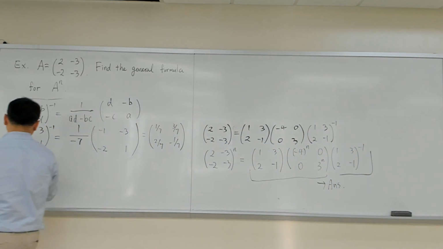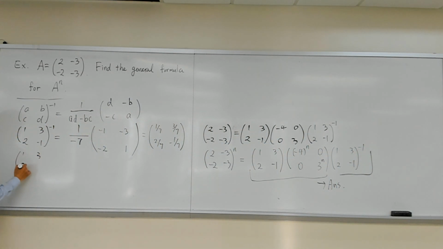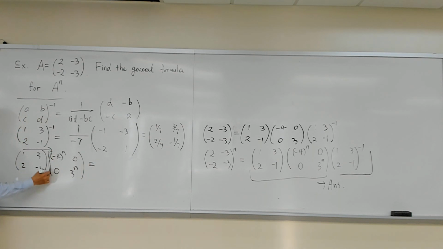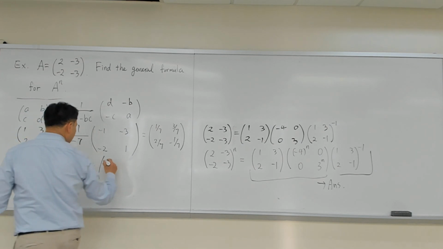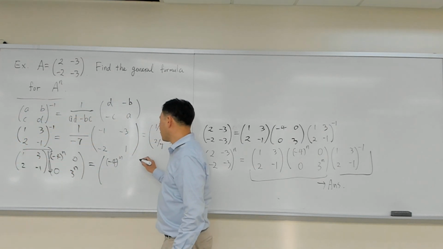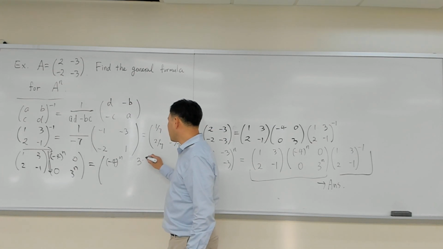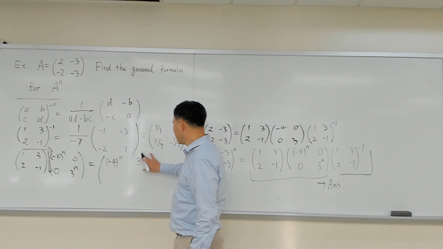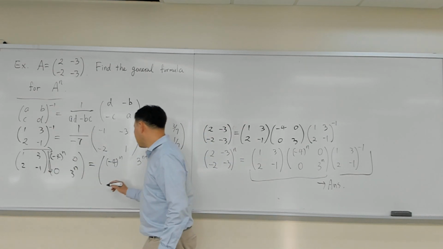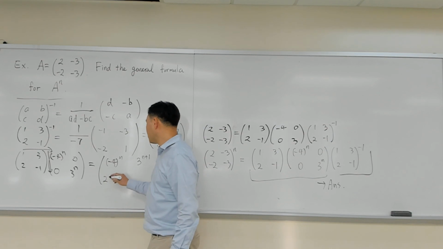So you have 1, 3, 2, negative 1 times negative 4 to the nth power, 0, 0, 3 to the nth power. Across down, it's just negative 4 to the nth power. Across down, that's 3 times 3 to the nth power, which is like 3 to the n plus 1. Then 2 times negative 4 to the nth power.